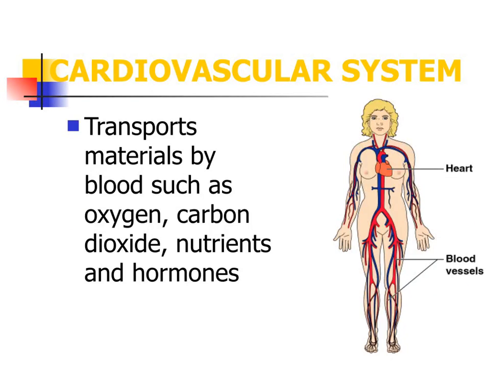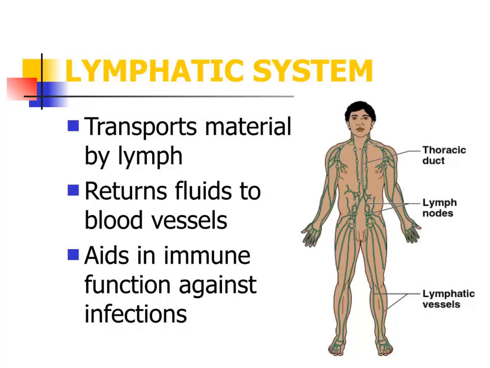There's the cardiovascular system. Its job is to transport material through blood, such as oxygen, carbon dioxide, nutrients, and hormones. The major organs are the heart and the blood vessels. The lymphatic system kind of goes with the immune system, and its job is to transport material, but unlike the cardiovascular system, it transports a fluid called lymph.